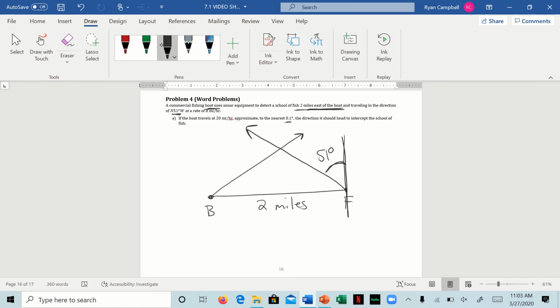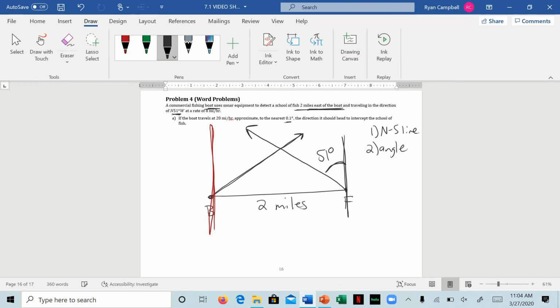So assuming it's going in this direction, it needs to intercept it at some point. What direction does it need to go? So step 1 for the direction problems: make your north-south line. Here it is. We're starting at the boat. We need to head in that direction. Number 2, what angle do we need?